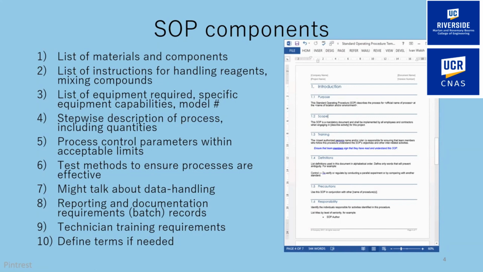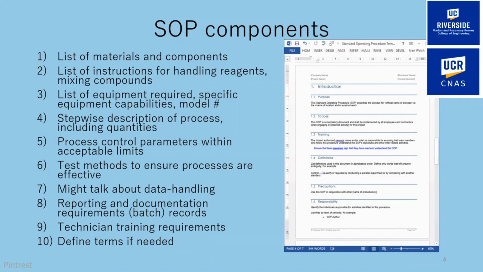What does this mean? Well, if you're engaged in a process that requires a set temperature, for example, the standard operating procedure will specify what the temperature is to be, what the temperature range and limits are to be. The standard operating procedure will also typically have test methods to ensure that your process worked the way you wanted it to. And it might talk about data handling. If you're manufacturing something, it might call for reporting and documentation requirements.